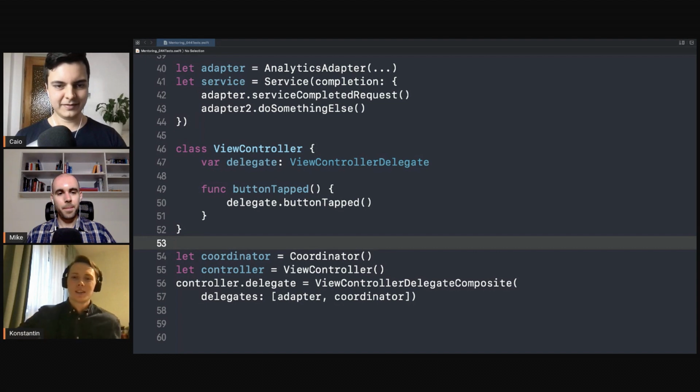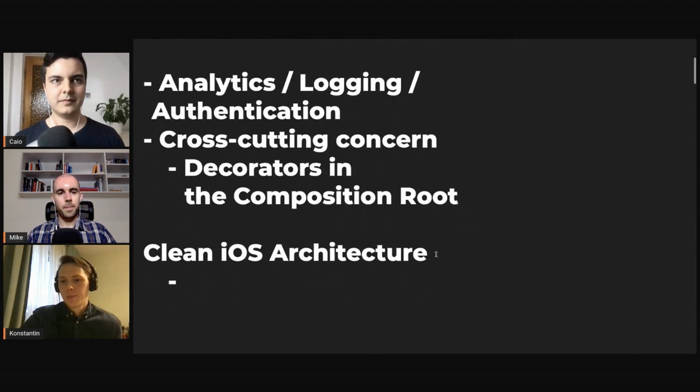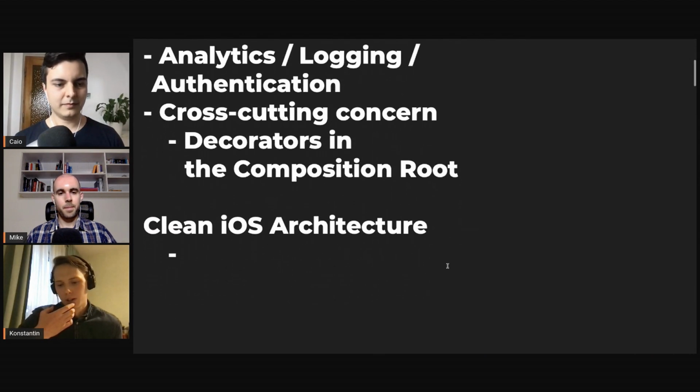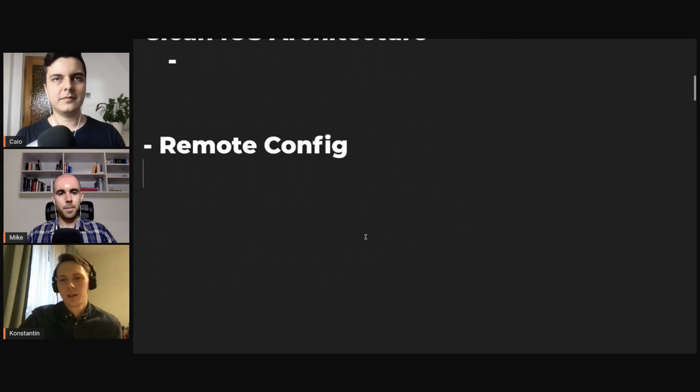Any other questions? Yes, I have another question. It is about remote config. How to use it in the composition root when I have some flag that is not available on start, and it will load later?